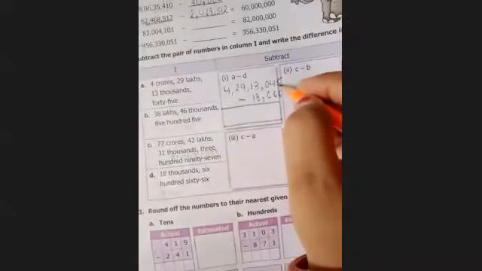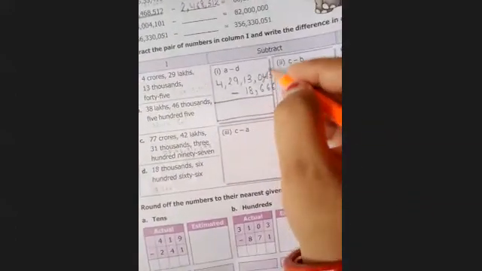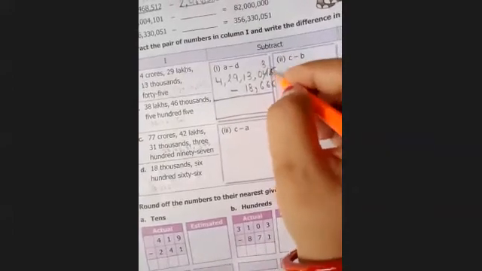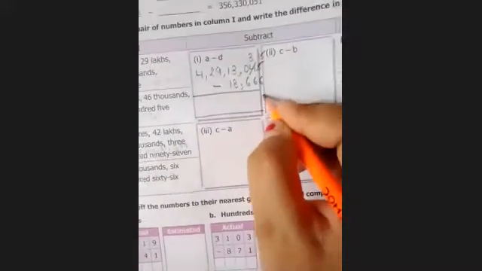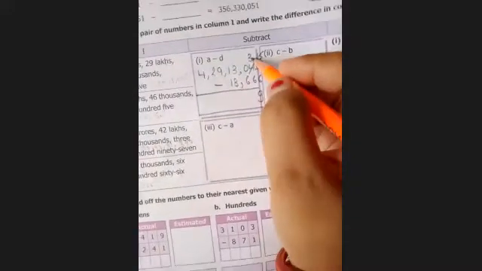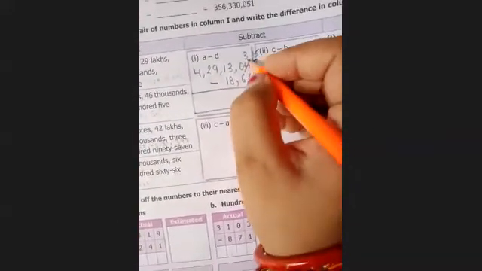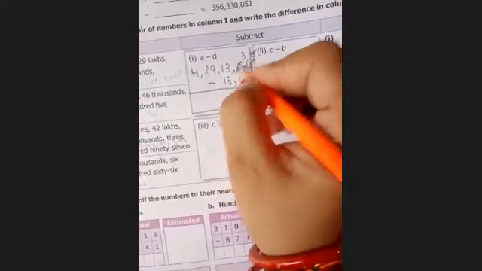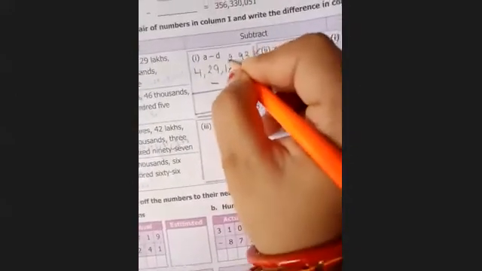Now 5 minus 6 we cannot do. We will take the carry from 4. It will be 3 and it will be 15. 15 minus 6 is 9. 13 minus 30. We will take the carry. It will be 9. It will be 2.